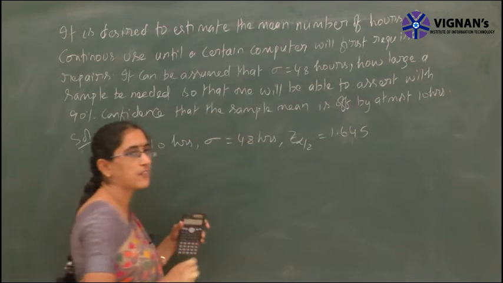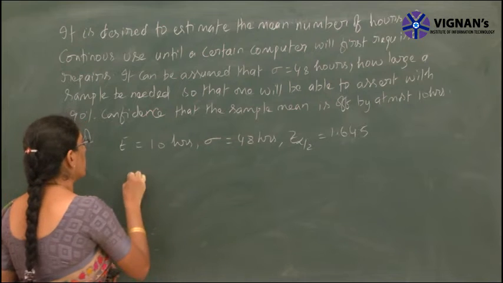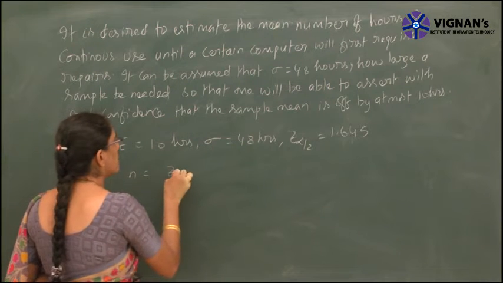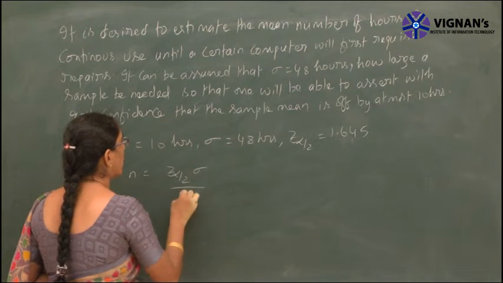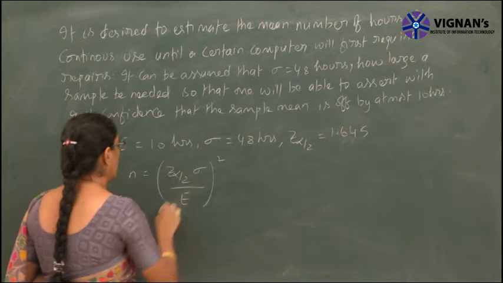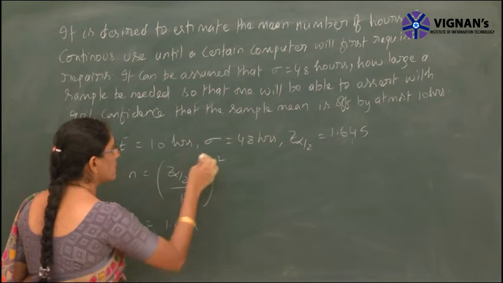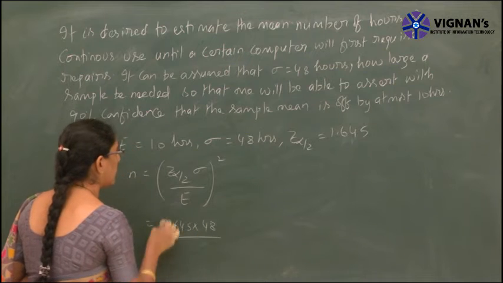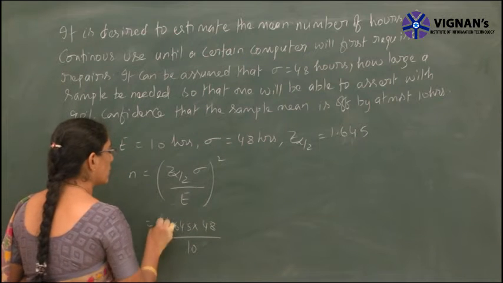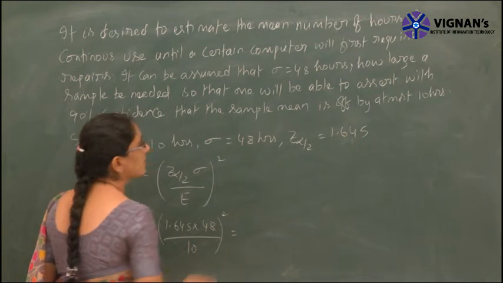So these values you have to remember here. Then we know that the sample size is here (Z alpha by 2 into sigma by E) whole square. So that means 1.645 into sigma is 48 by the error is here 10. So this whole square is, right?